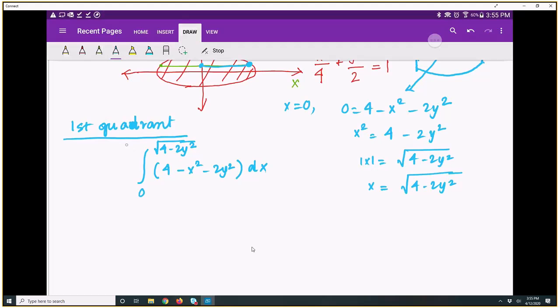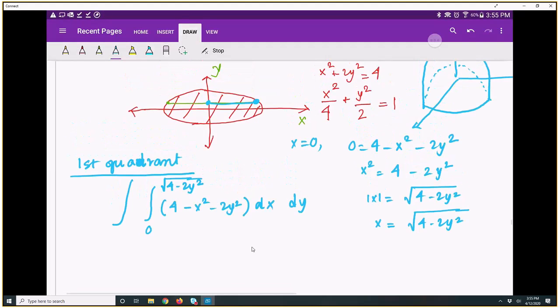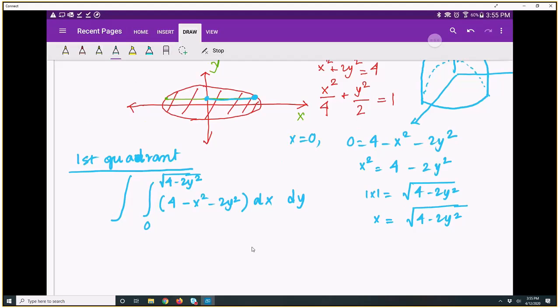Then I'd like to understand what will be the limiting situation for y. Now if I go back to the first quadrant picture, think about this intermediate point for x, y can stretch from 0 to the highest point on the ellipse. How much is this highest point? Well, think about this ellipse, set x equal to 0 and see how much is your y.